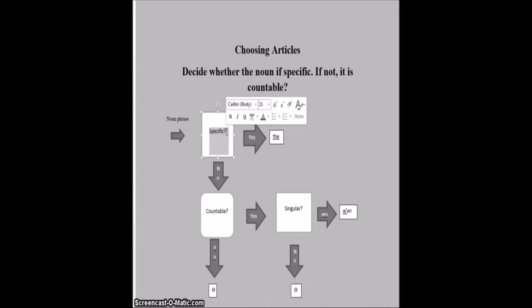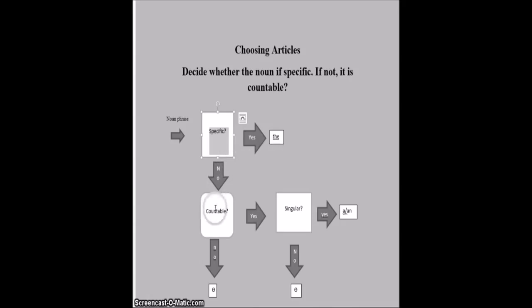This is a complicated issue, what it means to be specific. There are a lot of rules that make something specific, and we'll look at a few of them. But if the answer is yes, then you can use the. And particularly in academic writing, you use the a lot. So this is an important one.